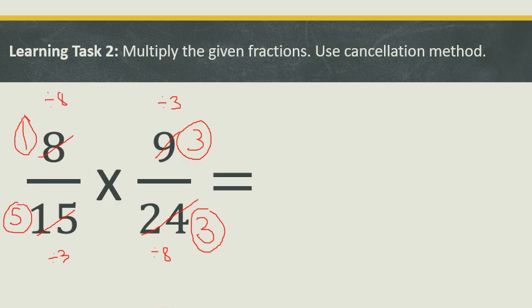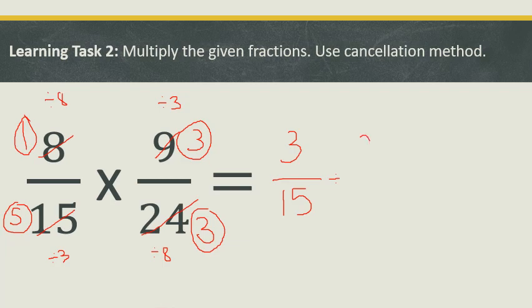Ngayon, pwede na natin siyang i-multiply. Yung sa taas, numerator, 1 times 3 is 3. Then, 5 times 3 is 15. Ma'am, pwede pa po siyang i-divide. Correct. Pwede pa po siyang i-divide. Saan ang common factor ng 3 at 15?